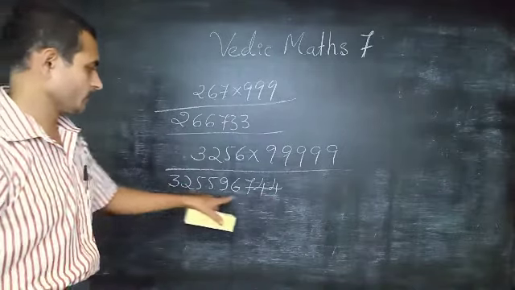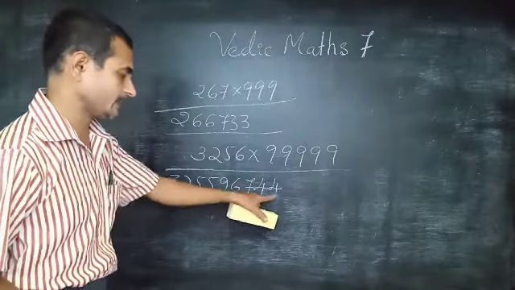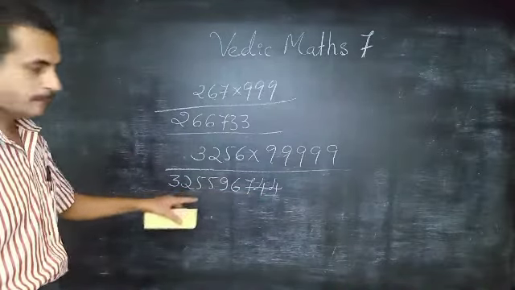Like this, 11 digits. Answer without multiplication.